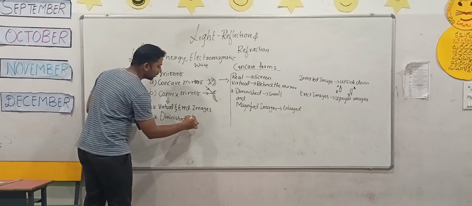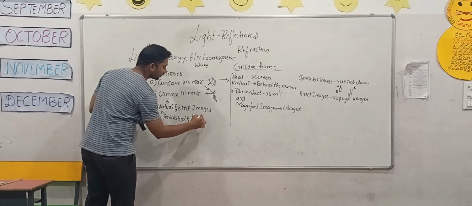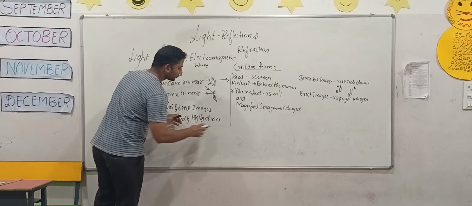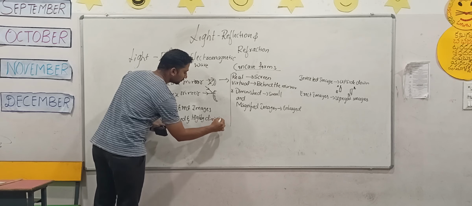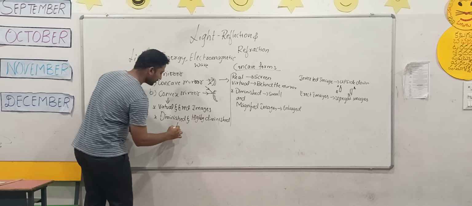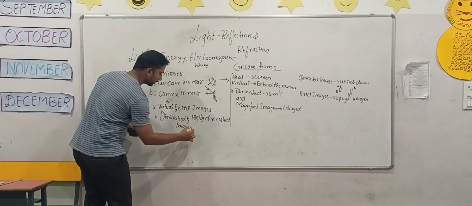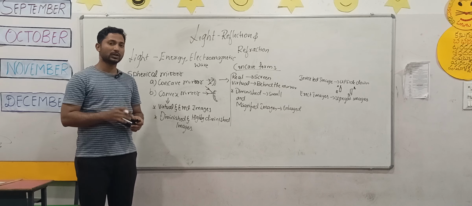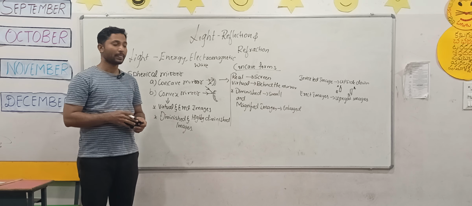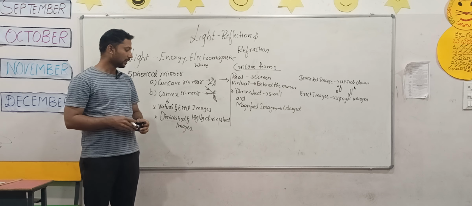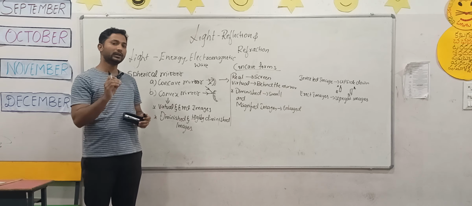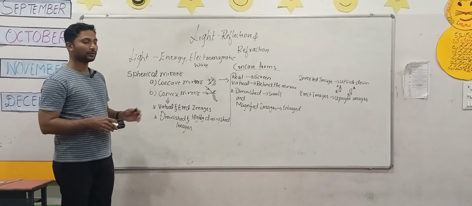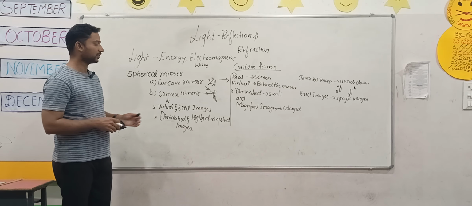It means it forms virtual and direct, upright images, which form inside the mirror, nothing but behind the mirror, and they are smaller, much smaller images. In this chapter, we'll learn how they form these kinds of images.